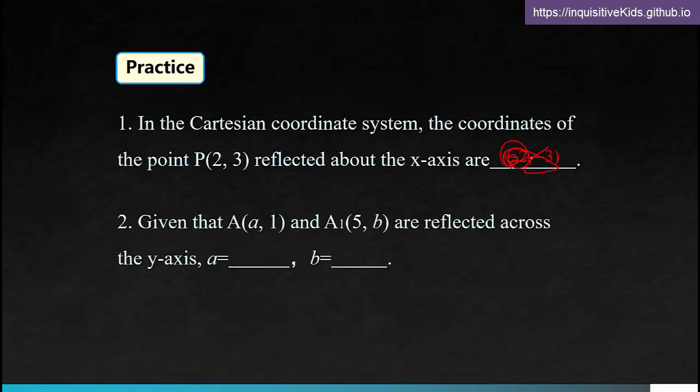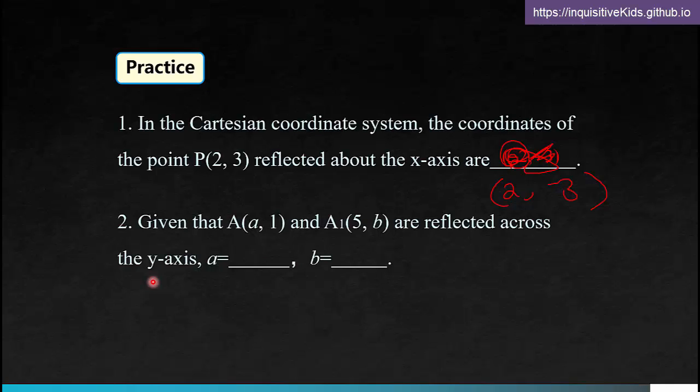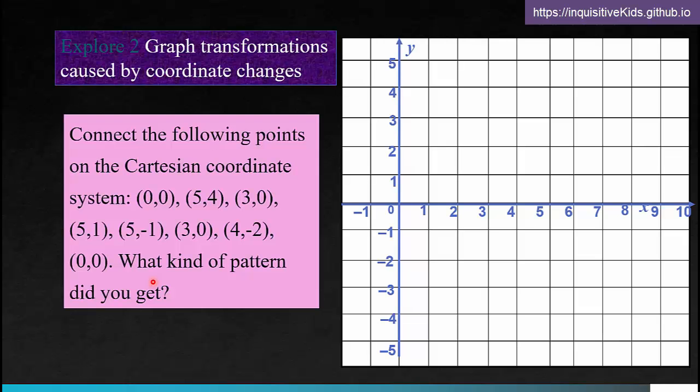So this is actually 2 followed by -3, and the y coordinates are opposite. And for the second problem, A would be equal to -5, and B would be equal to 1. Because if 2 points are reflected across the y-axis, they would have the same y coordinates but opposite x coordinates.